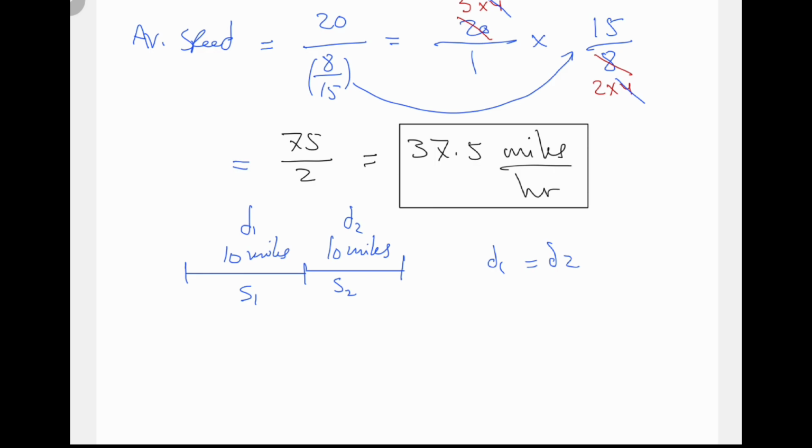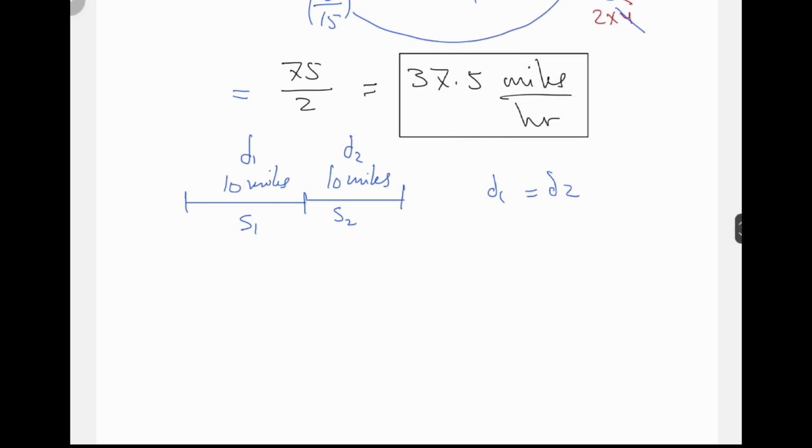Okay, and in this case, one can show that the average speed, so if the time it took this car to go from this point to that point is t1 hours, and from this point to that point is t2 hours, then the total average speed is equal to the total distance traveled, so it's d1 plus d2, divided by the total time traveled, which is t1 plus t2.